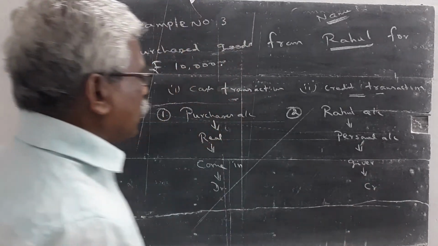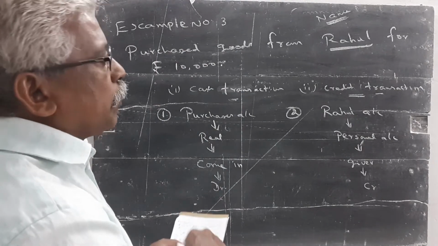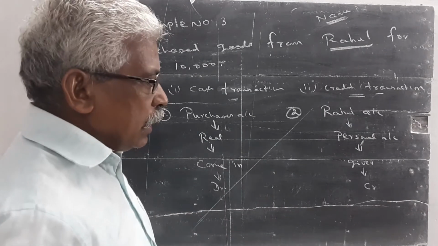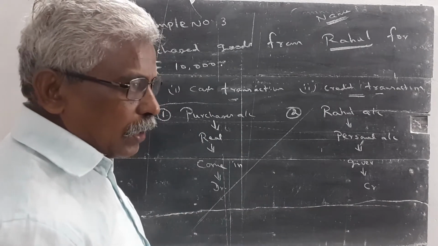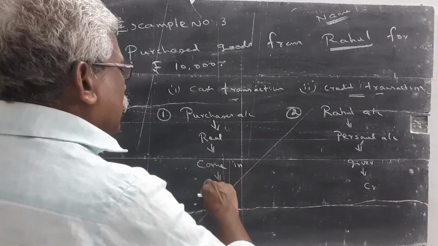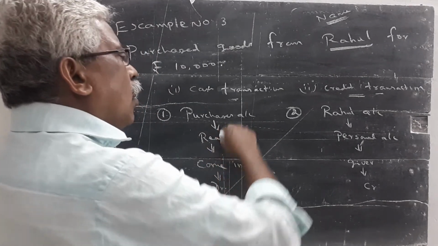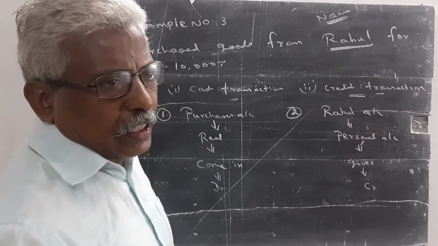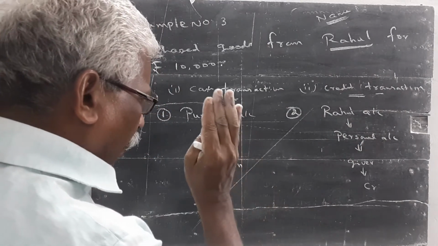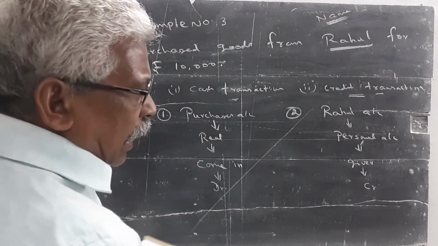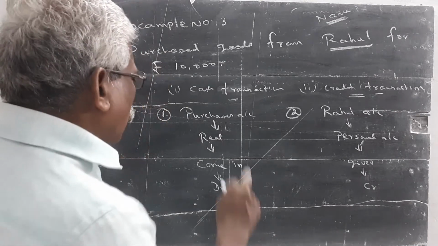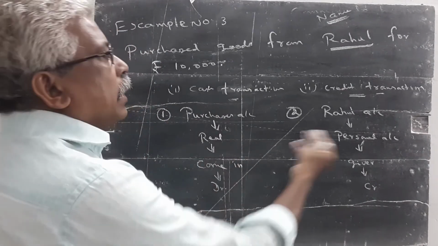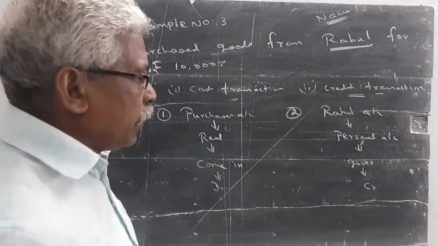Then one more thing: if one account is debited, automatically another account is credited. That is the basic principle of the double entry system. If the purchases account is debited, automatically the Rahul account is credited. If you find one answer, the other answer automatically comes. That is the rule of the double entry system.